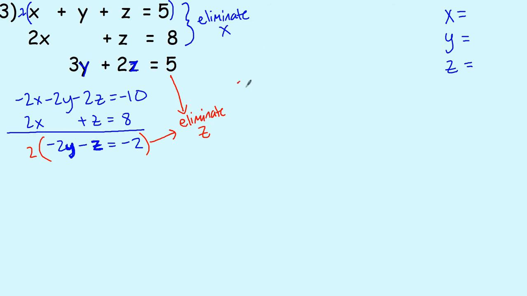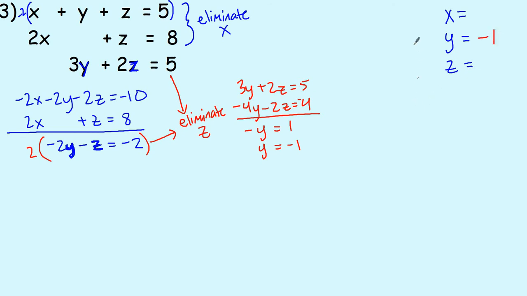So we have 3y plus 2z equals 5. In this equation, we get negative 4y minus 2z equals 4. Oh, I'm sorry, negative 4. When we add, we get negative y equals 1. So y equals negative 1.